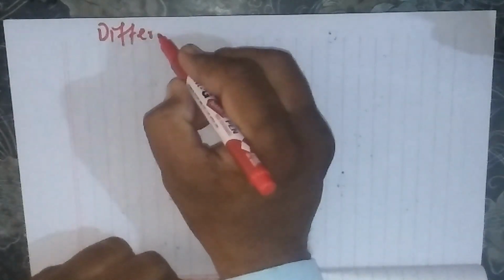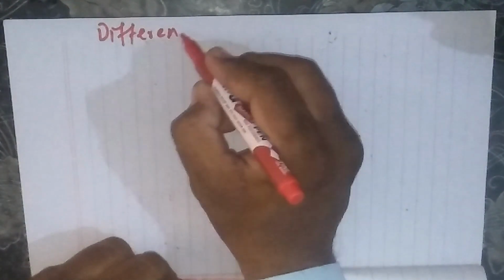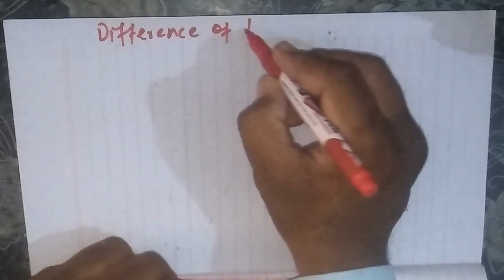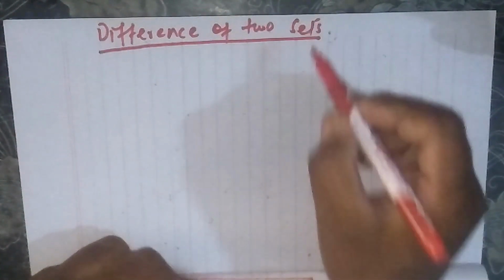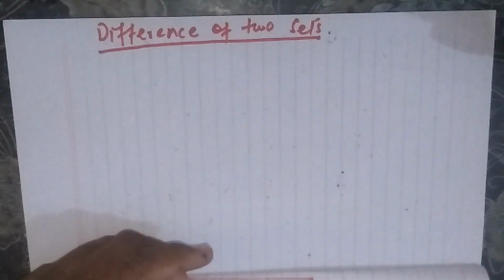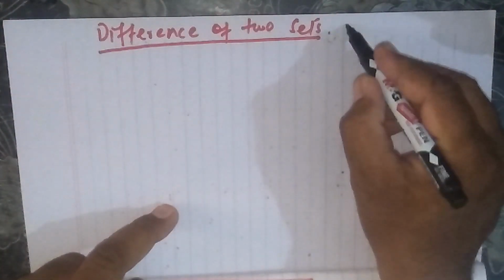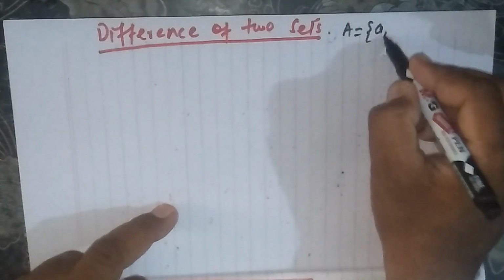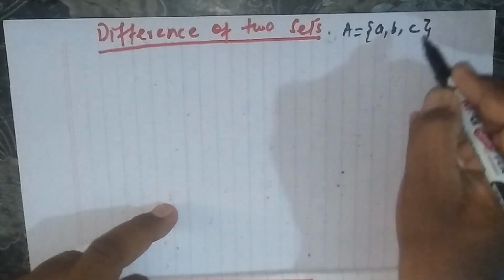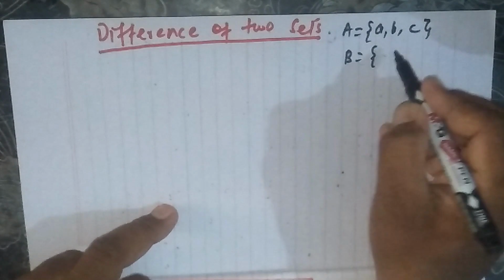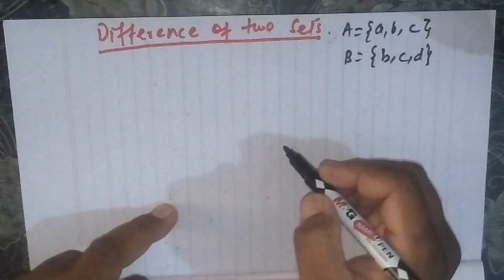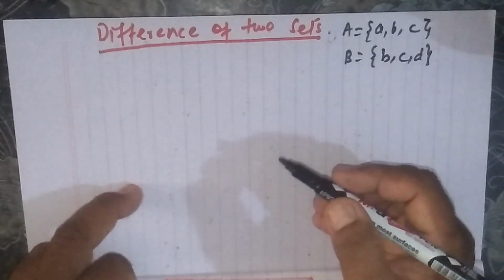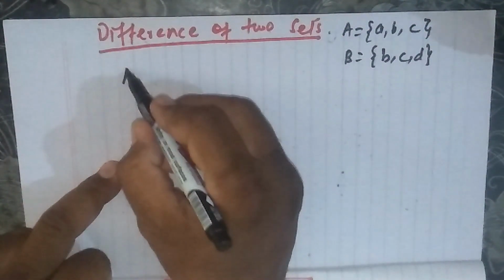So what is the difference of two sets, and how do we do this? Let's again have the same two sets, A as A, B, and C, and set B as B, C, and D. So the difference between two sets is calculated like this.